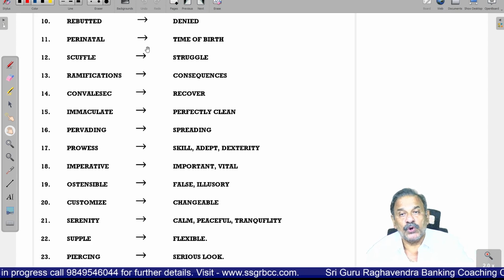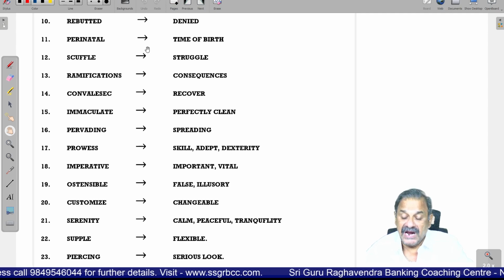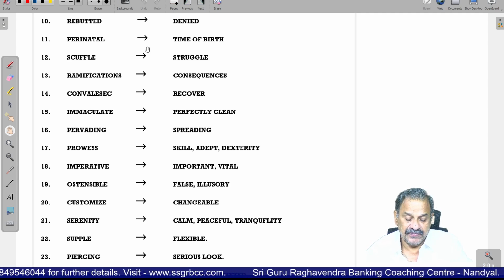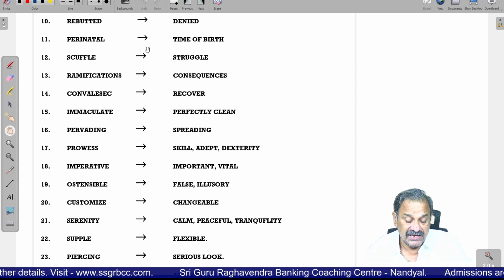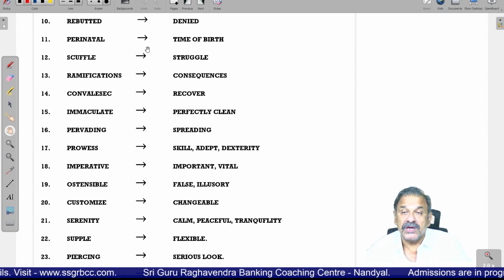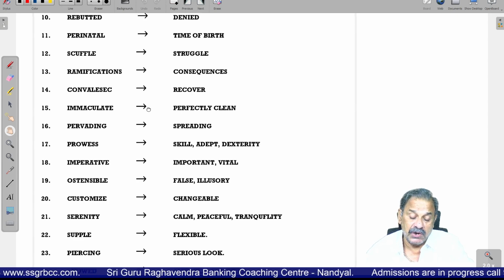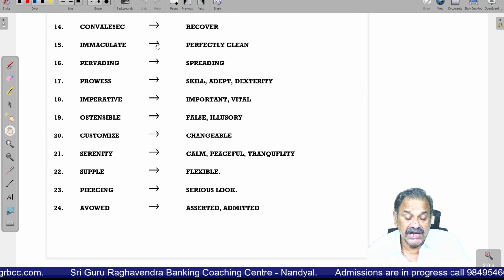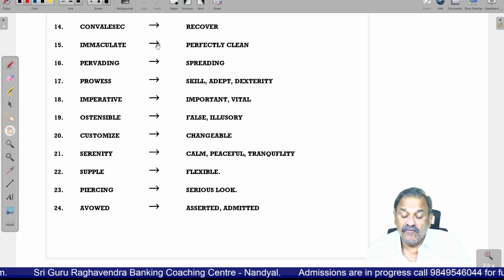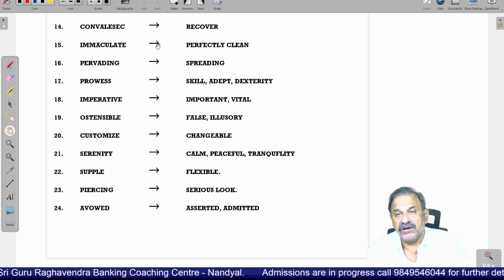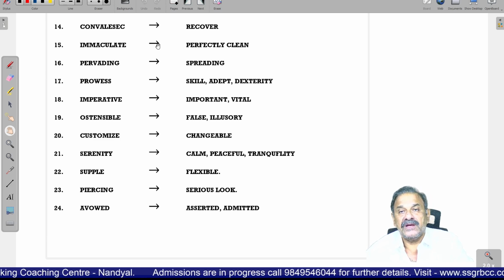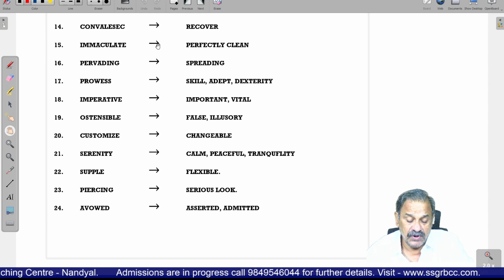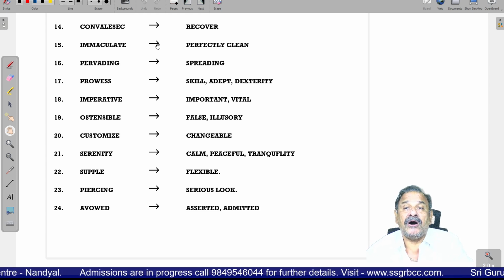Prowess means skill, adept, dexterity. Then imperative. Imperative means important, vital. Then ostensible. Ostensible means false, illusory. Customize means changeable.